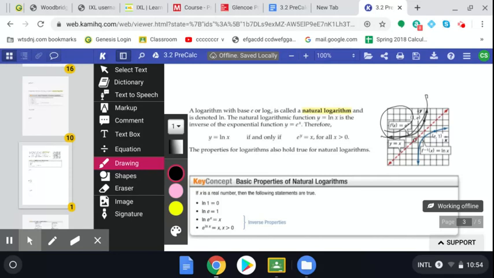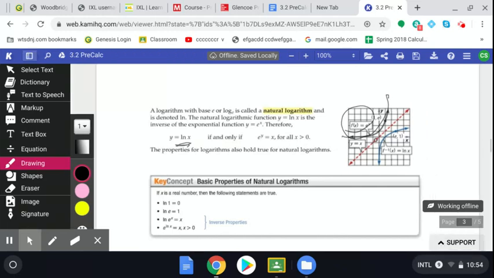The inverse of that is what we call the natural logarithm, which you can write as ln. Essentially, the inverse of e to the x is natural log of x, and these properties here would apply.